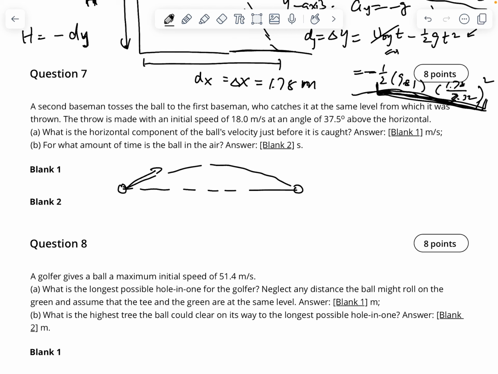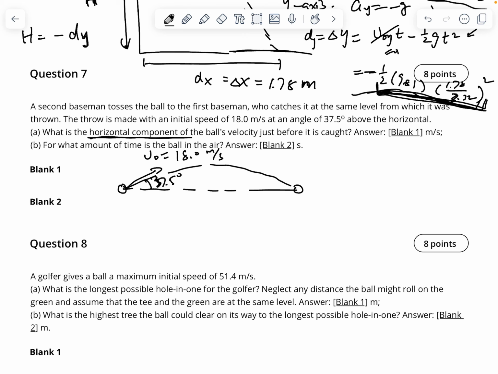The throw is made with initial speed v naught at an angle of 37.5 degrees above horizontal. What is the horizontal component of the ball's velocity just before it is caught? Horizontal component, okay.